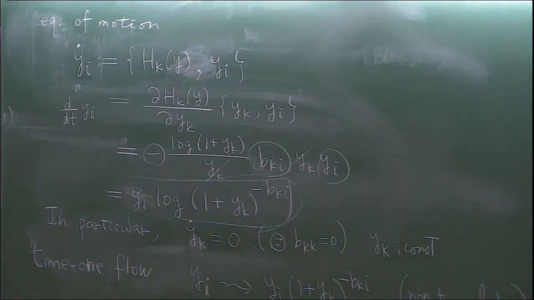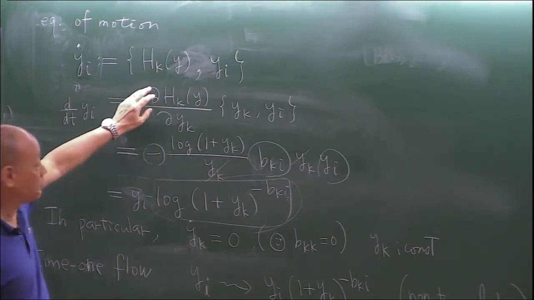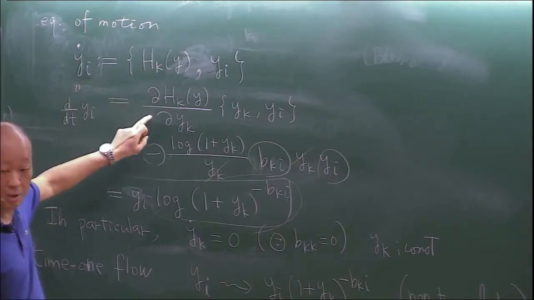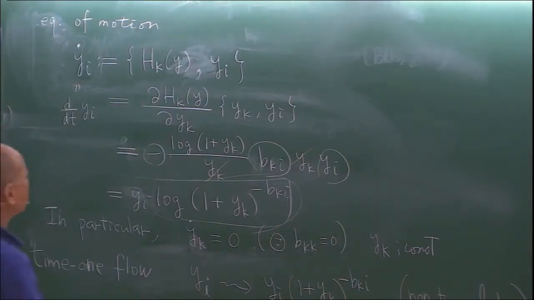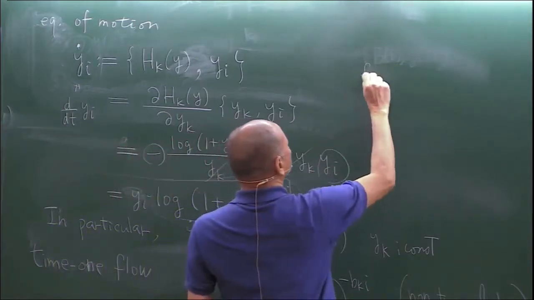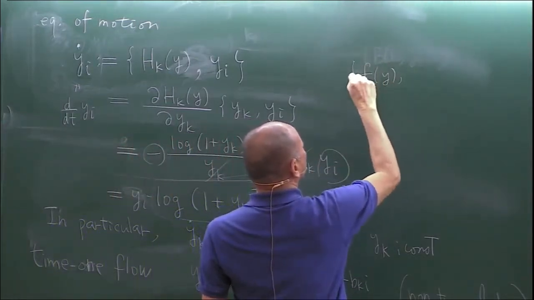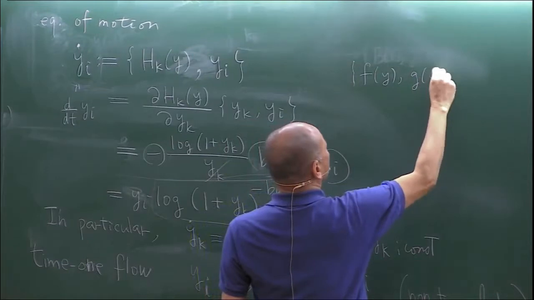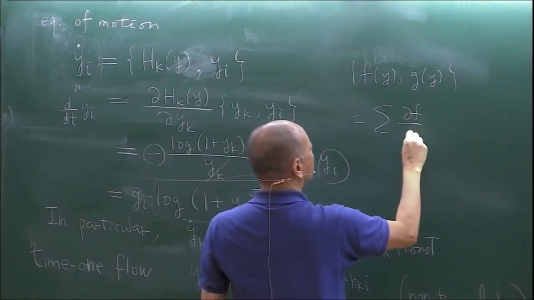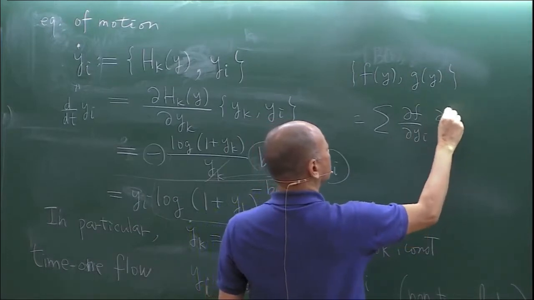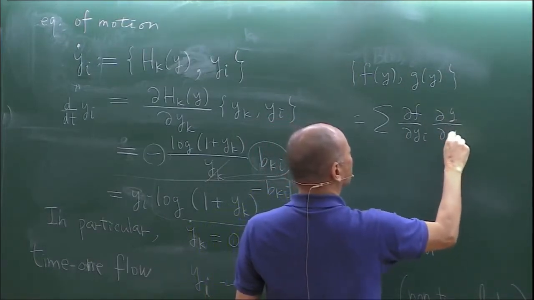You ask me about the calculation around here. You want to ask me how I get this from this? Generally, if you have two functions of something like this, you have to calculate those things.